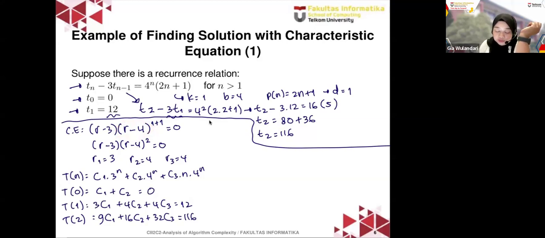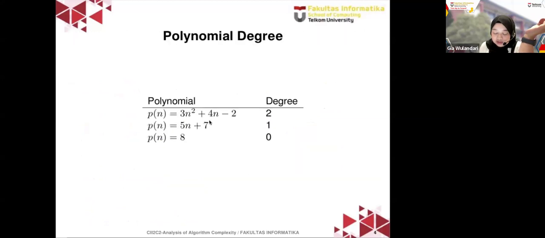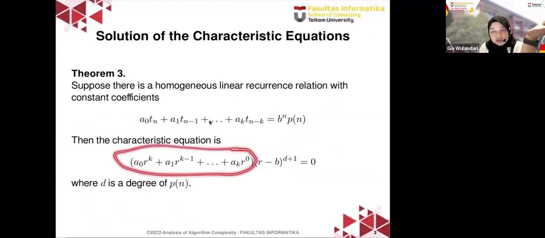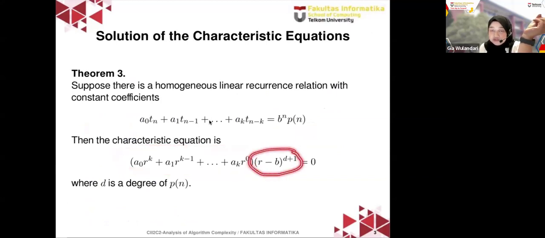Okay, so basically, for r minus 3, it is just the same as previous week. It is like the homogeneous part. It depends on the left-hand side. But for the r minus 4, based on the theorem we have here, other than the homogeneous part we will add this factor, which is r minus b to the d plus 1.